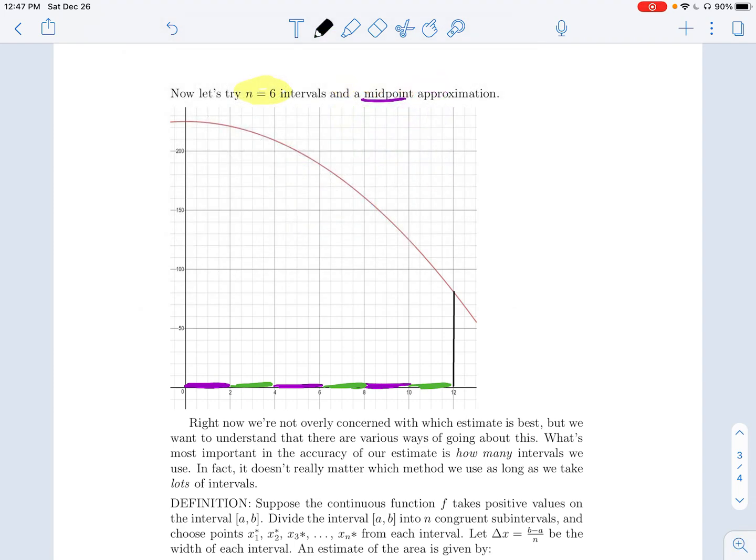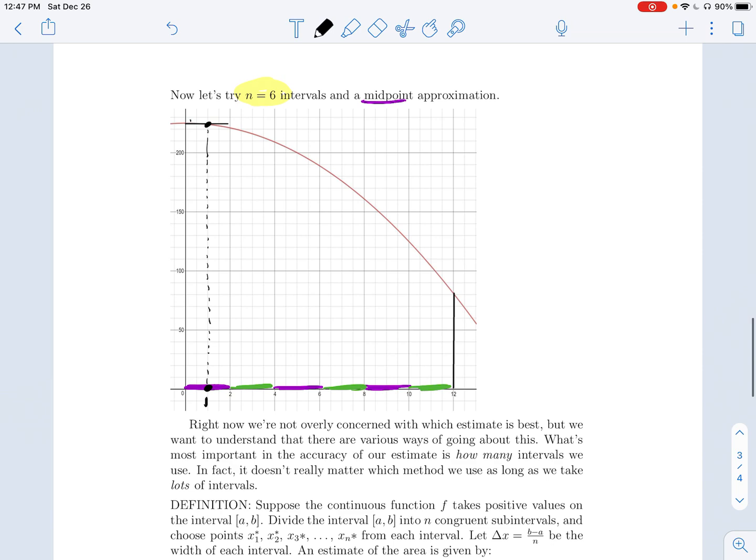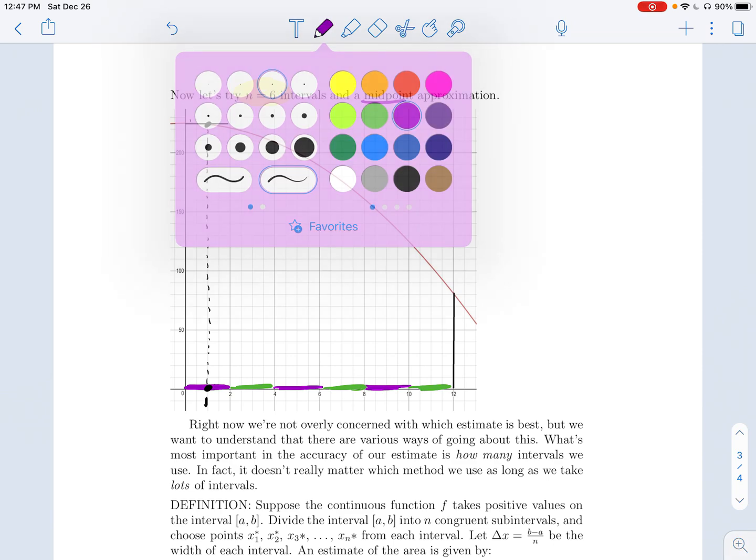So for my first interval, my midpoint is at x equals 1. So here would be my height at x equals 1. I'll draw on a dotted line, at least for this first one. We're going to say the height of the rectangle is the height of the curve at that midpoint. And we'll draw a horizontal segment through there. And I was doing this in purple.